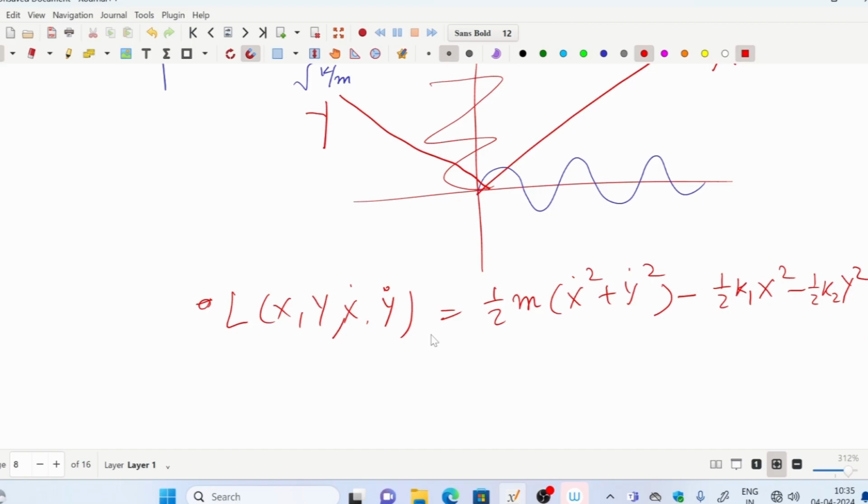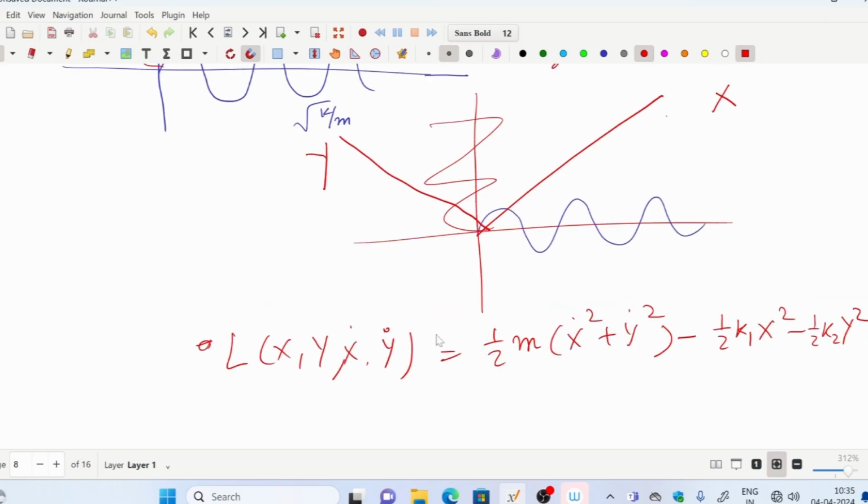If this is possible, then we can think that this system will have oscillation along the capital X direction and oscillation along the capital Y direction that are independent, because in terms of capital X and capital Y there is no coupling term.